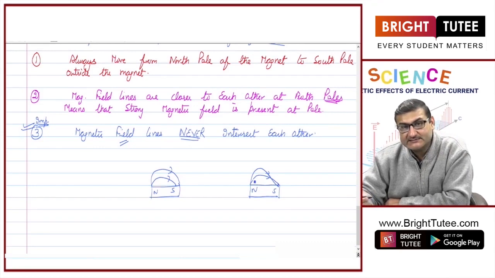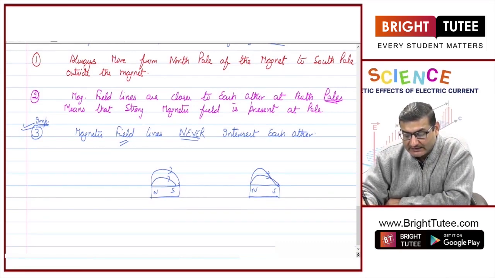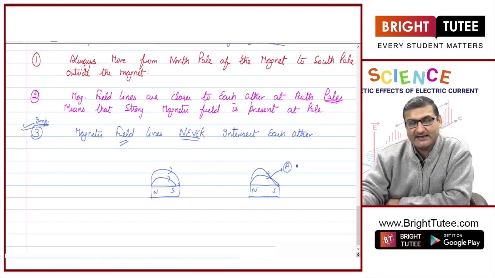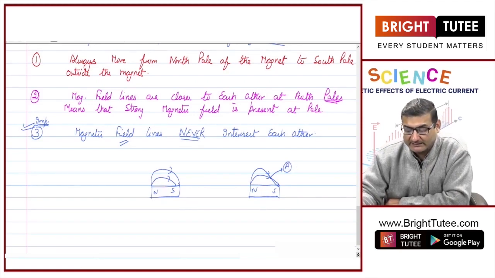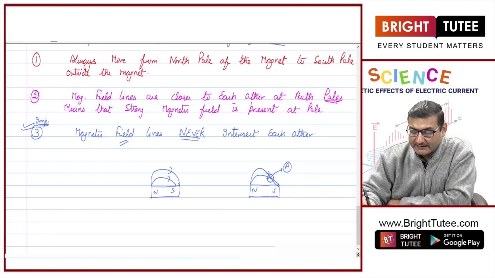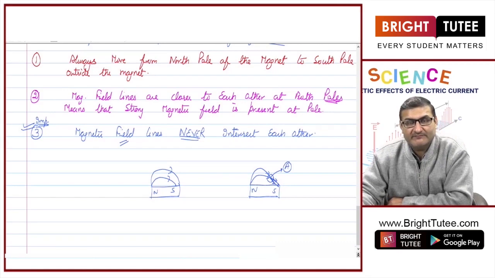Now if we assume that these two lines intersected each other at this particular point, let us say A, then in that case, if I place a magnetic compass here, the pointer is going to point in these two separate directions at the same time, which is not possible.